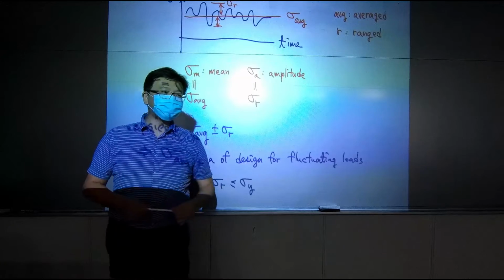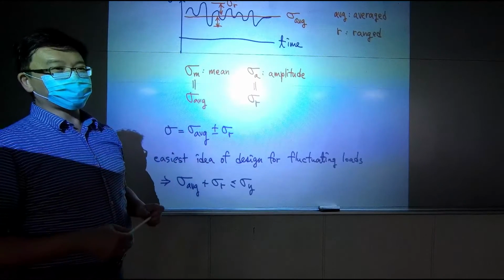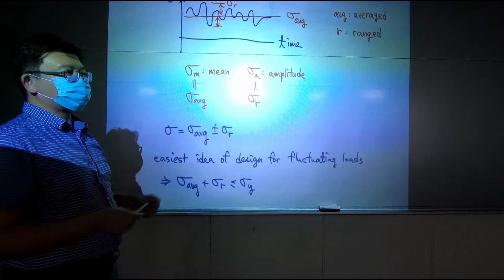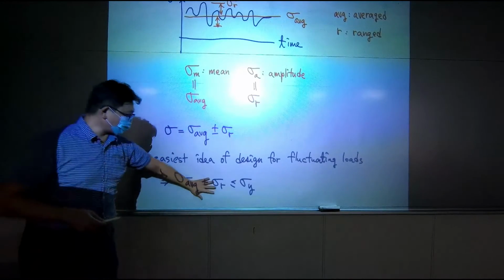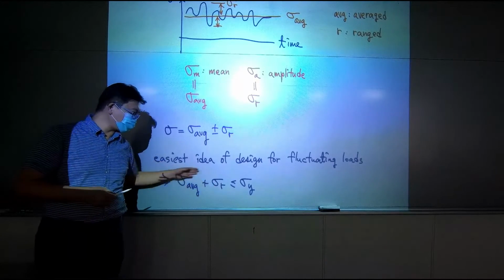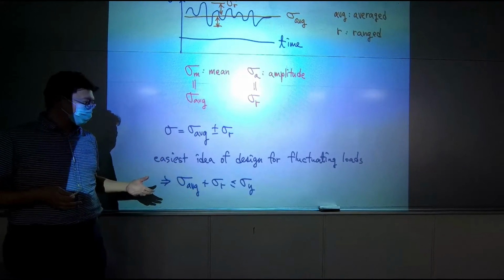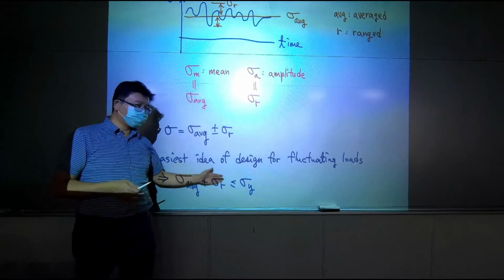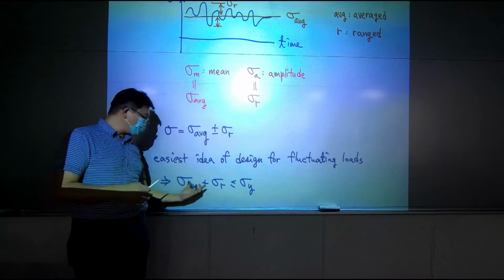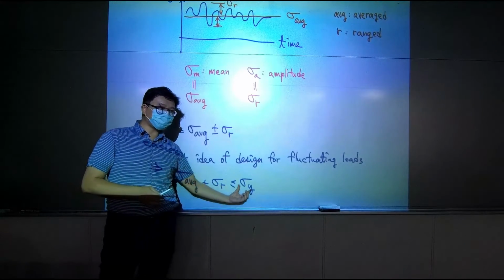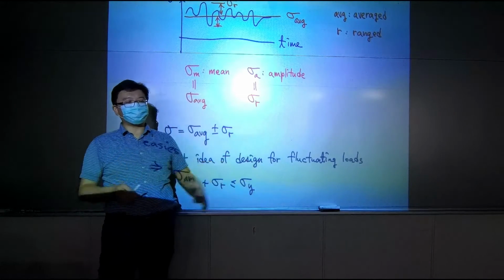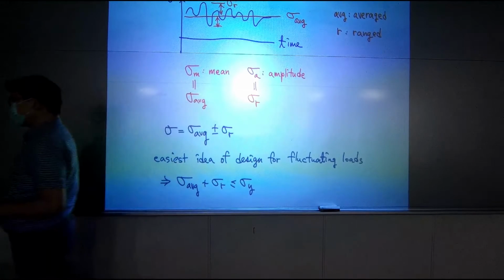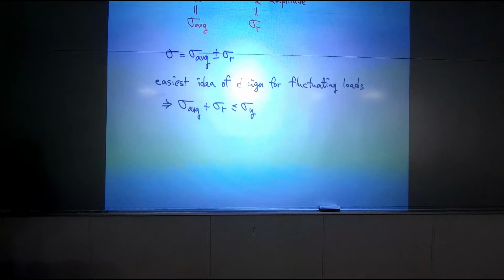So usually for mechanical design, we worry about the worst case. What's the most serious condition? This is the most serious condition because it's under the maximum load. So when it's under this maximum load, we want to make sure this value should be smaller than yielding strength. Otherwise, your material will yield, right? So this is based on worst case condition.